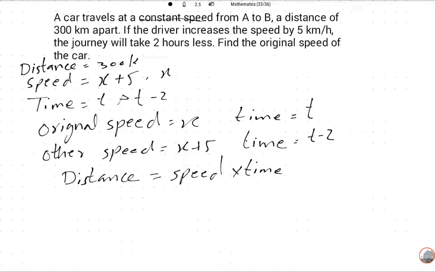So what is basically the core part? Because distance is given, speed and time we have as variables. So we have two choices.